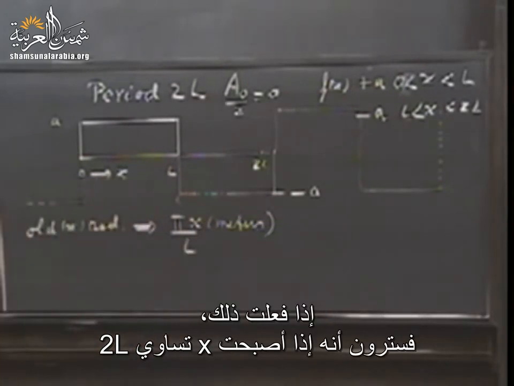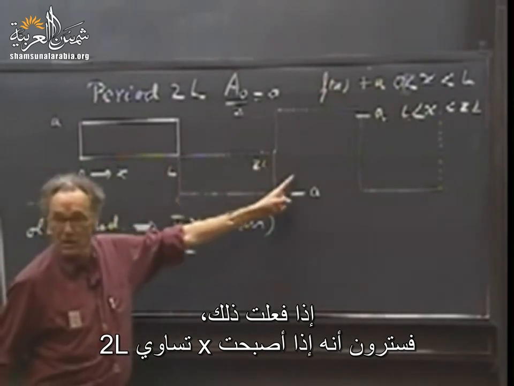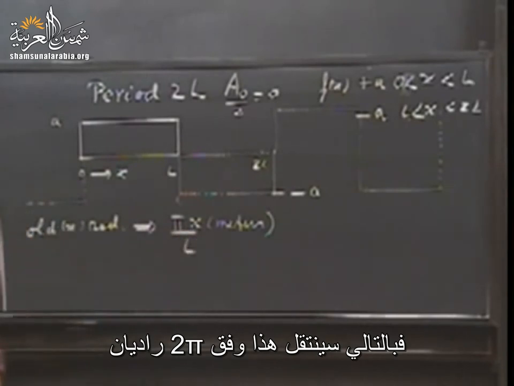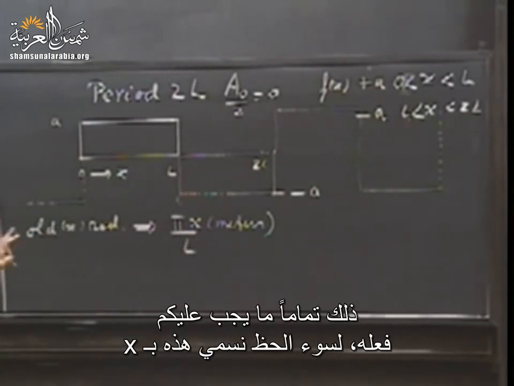And if I have done that, you can see that if my x now becomes 2L, then this has moved over 2 pi radians. So that's exactly what you have to do.